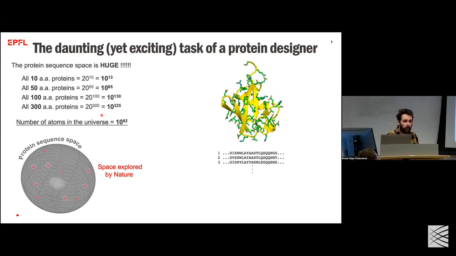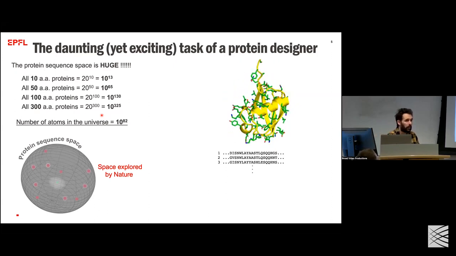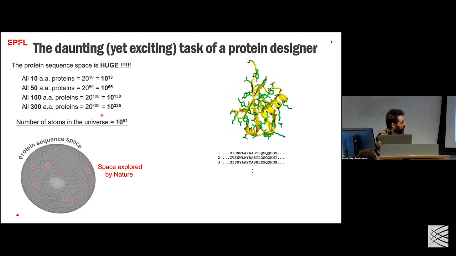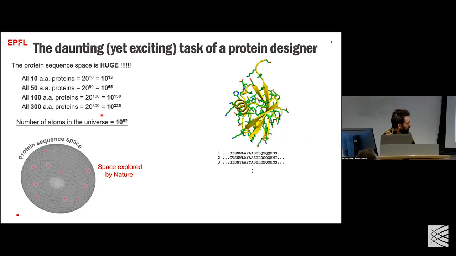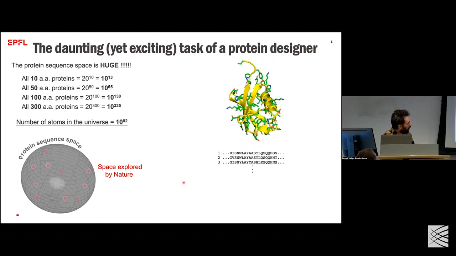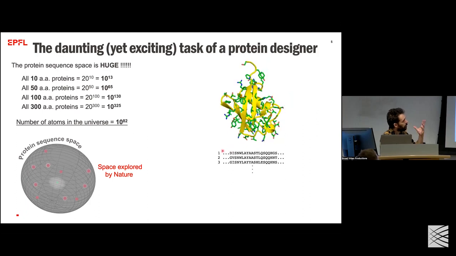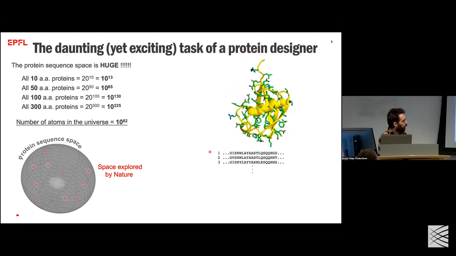Okay, so now, if you are an old person like me, computational design of proteins looks a lot like this. This is the good old times. You would give it a structure, which is the yellow part of this protein, these ribbons that give you an idea of what the 3D shape should look like.